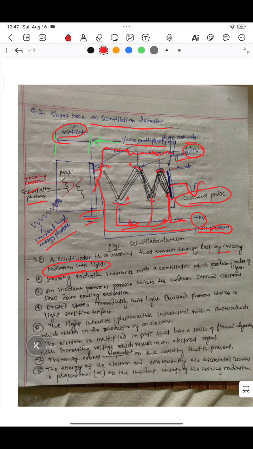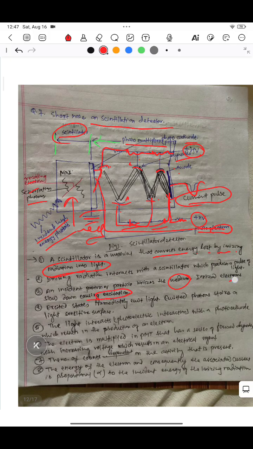An incident photon or particle ionizes the medium. This one is the medium. The ionized electrons slow down, causing excitation.